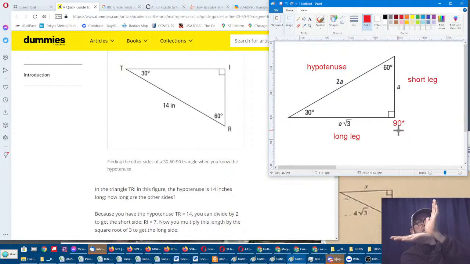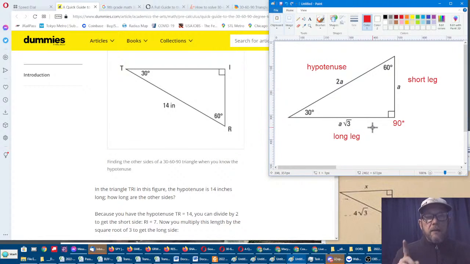Now, that's your 90-degree, 60, 30. The shortest side compared to the longest side is called the short leg or short side. Then you have the long leg, long side.